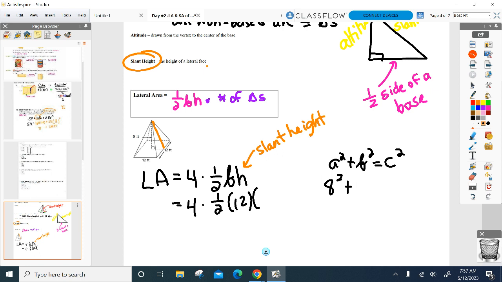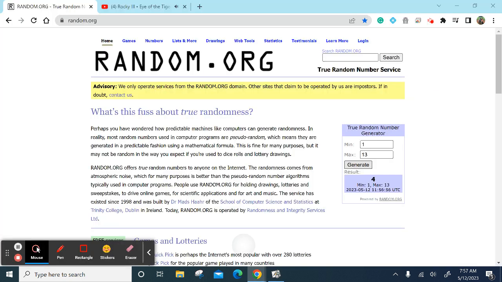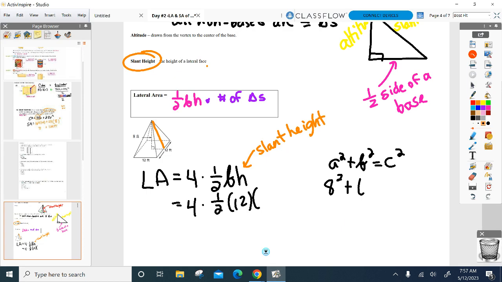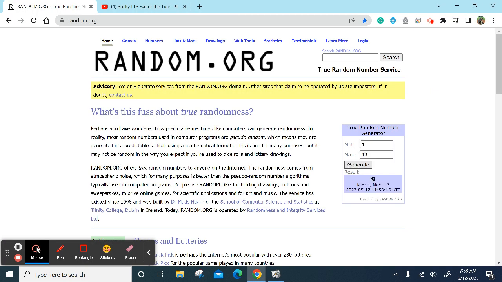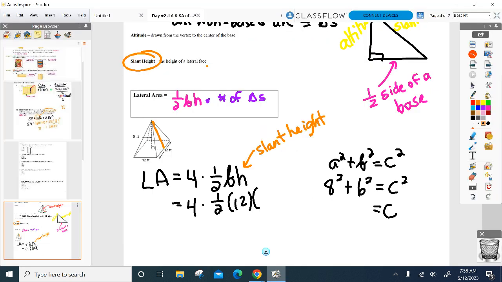So how long is that other leg of the right triangle? 6. Yes! 6 squared. And now we're looking for the slant height, which is the hypotenuse. When you have it, let me know. 10. There it is.